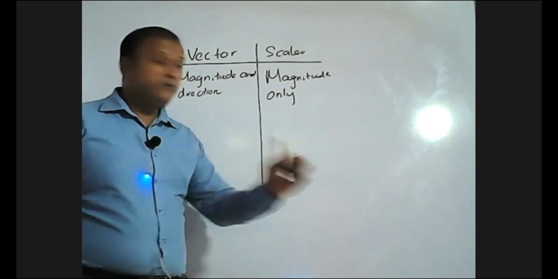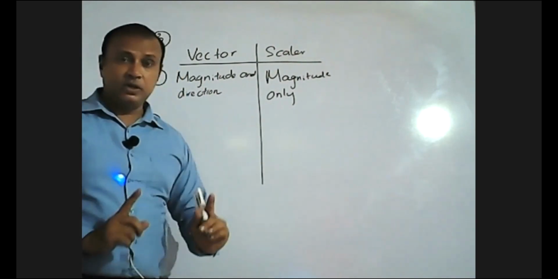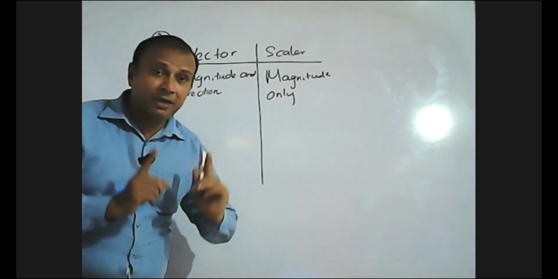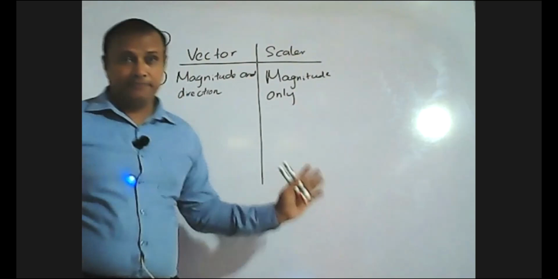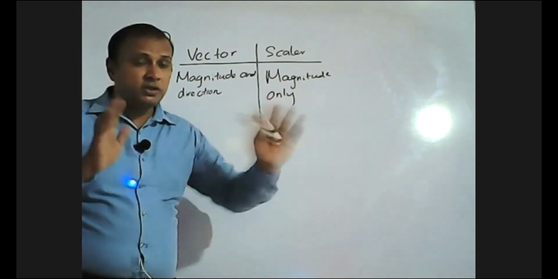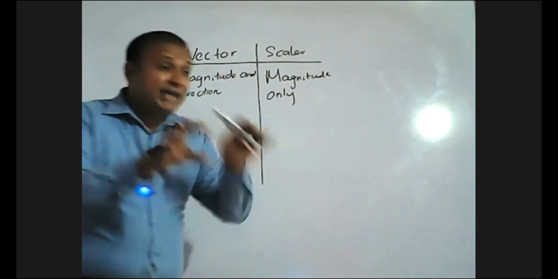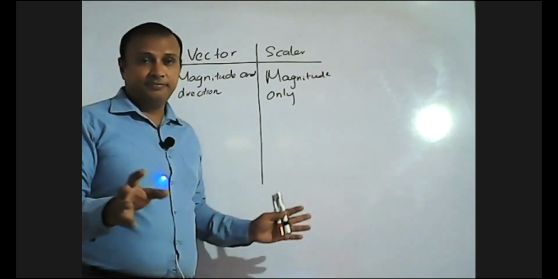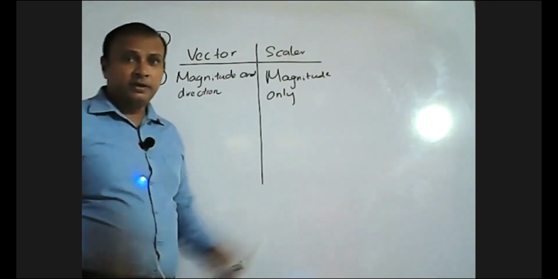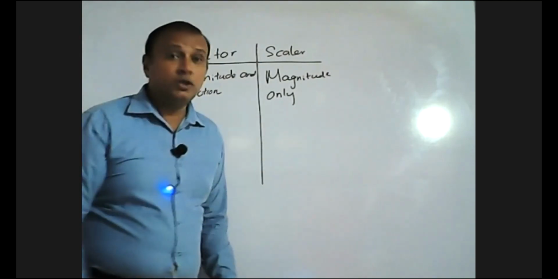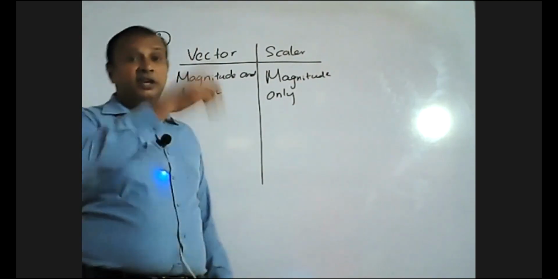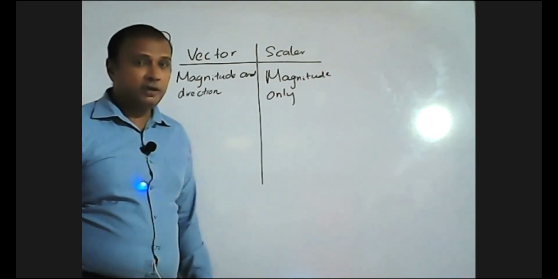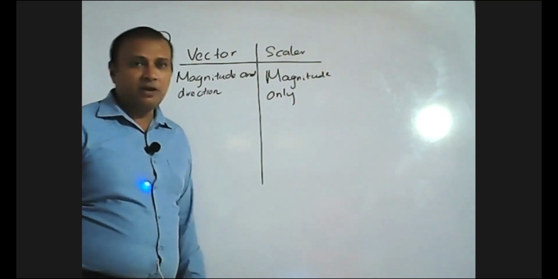But when we are dealing with vectors, we cannot use mathematical operations in the normal way. That is the most important thing. We cannot add two vectors like scalars. If you add 5 kg to 20 kg, it will be 25 kg, because it is a scalar quantity.